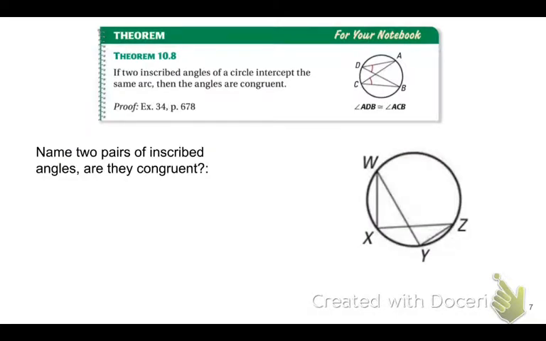So here is our second theorem. The second theorem says if 2 inscribed angles of a circle intercept the same, emphasis on same, arc, then the angles are congruent. Okay, so let's look here. So we have an inscribed angle here. Then I'm going to change colors.